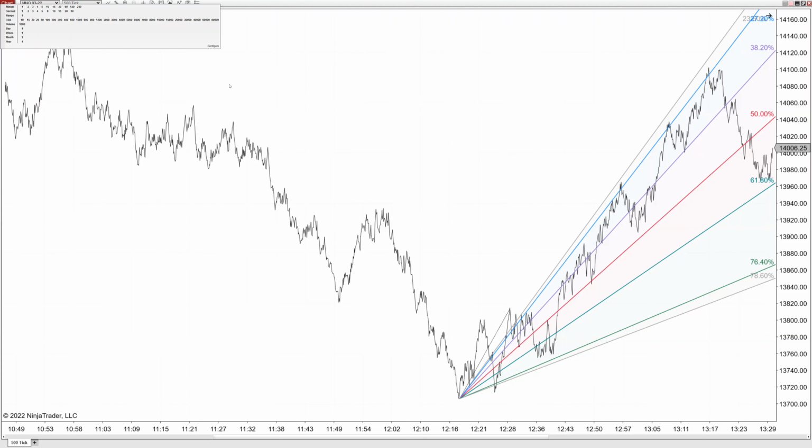And this was something that I did live. So I showed my traders, during our noon session, exactly how we needed to adjust our Fibonacci fans to time the breakdown at the end of last week. So let me pull up here today.